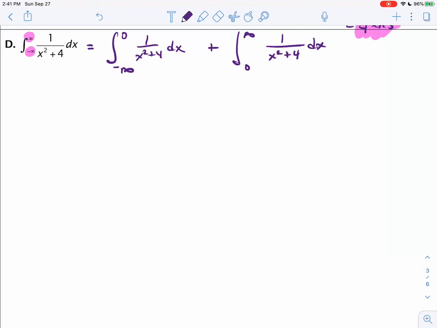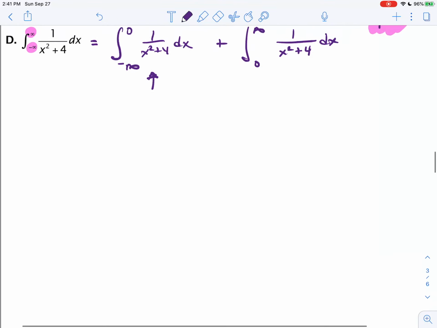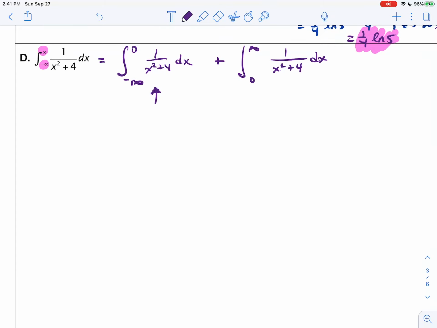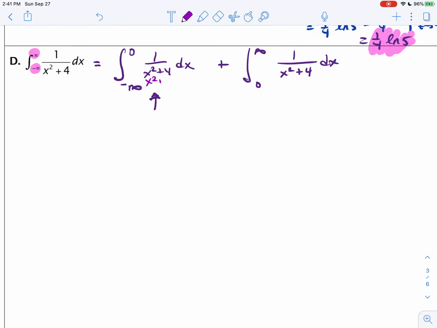Okay. And so I first go ahead and approach the first one, and I see an inverse tangent scenario where I have an x squared plus an a squared, where a is equal to 2. So I see that this is going to be 1 over a inverse tangent of x over a from the basic table.